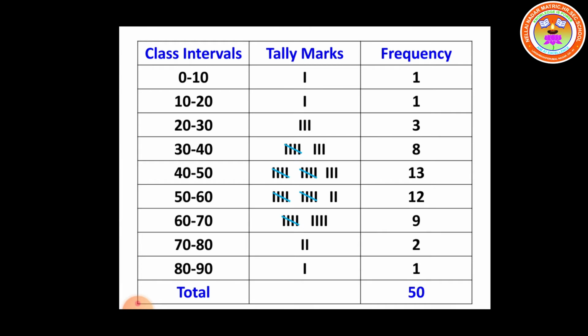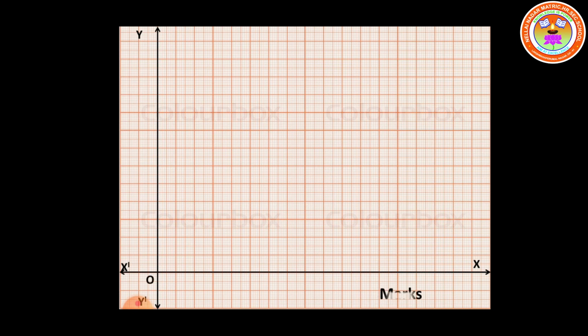Now let us make the histogram and the frequency polygon. First draw the x-axis, name it X, X dash, and draw the y-axis, name it Y, Y dash. The intersection, the origin, is 0, 0. On the x-axis we represent marks and on the y-axis, number of students. Scale: on the x-axis, 1 centimeter is 10 marks, and on the y-axis, 1 centimeter is 2 students.